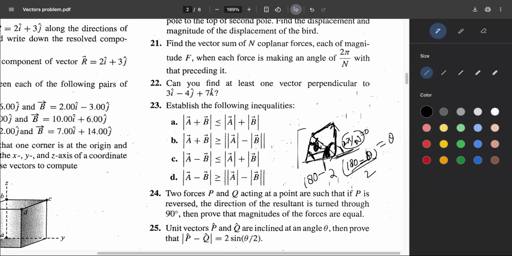Adrit, are you doing it? Let me know first. Adrit, are you theta? Okay, no.